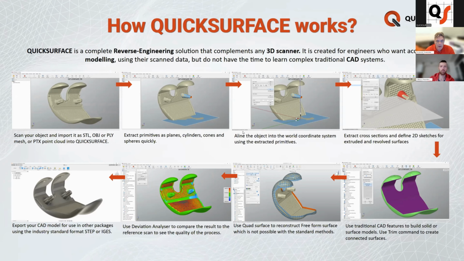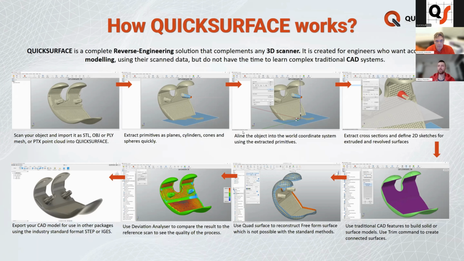In this diagram, we summarize what these steps should be. For example, when you bring in the scan data, you need to align this object into space. Why? Because this is a fundamental step in every CAD modeling. Without alignment, you cannot continue and create a perfect model.